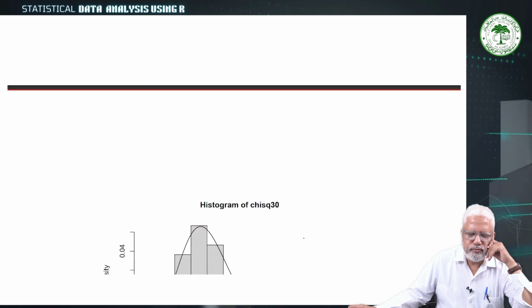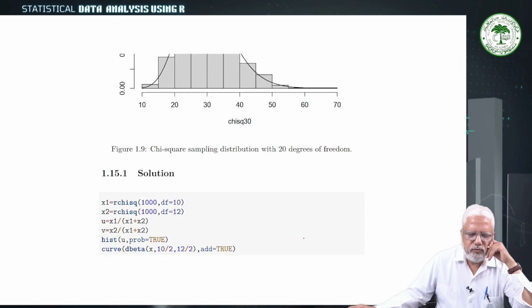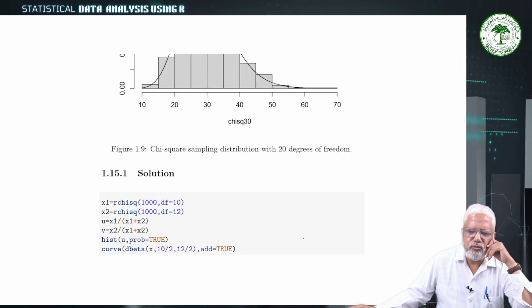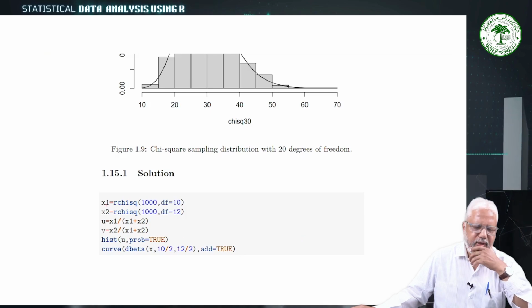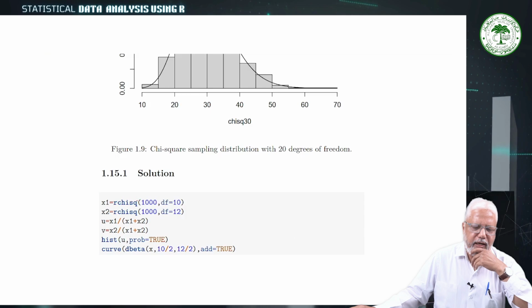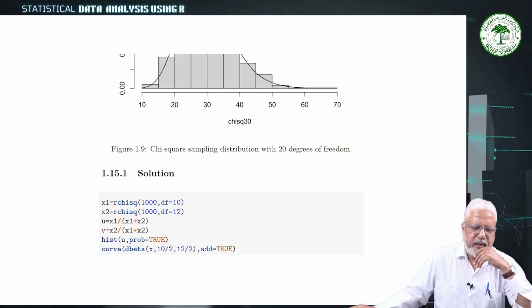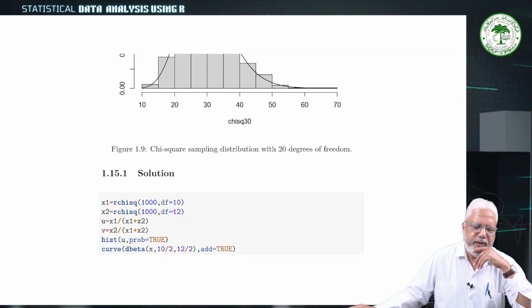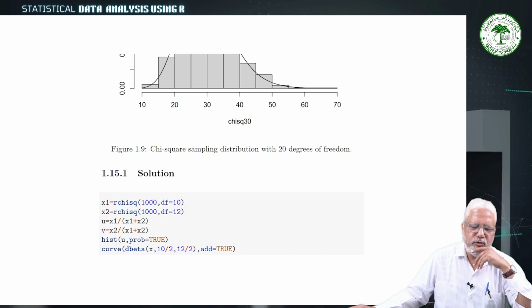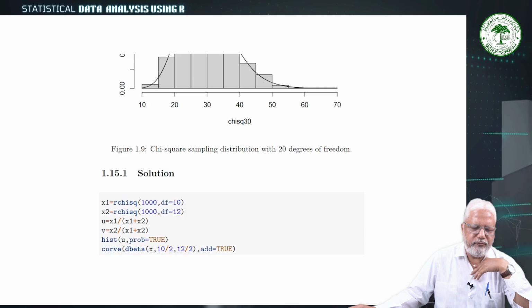So if we run, we are trying to solve this equation. See, x1 is r chi sq 1000, df is equal to 10, x2 is equal to r chi sq, df is equal to 12. So here we are simulating 1000 observations from the chi-square distribution with 10 degrees of freedom.